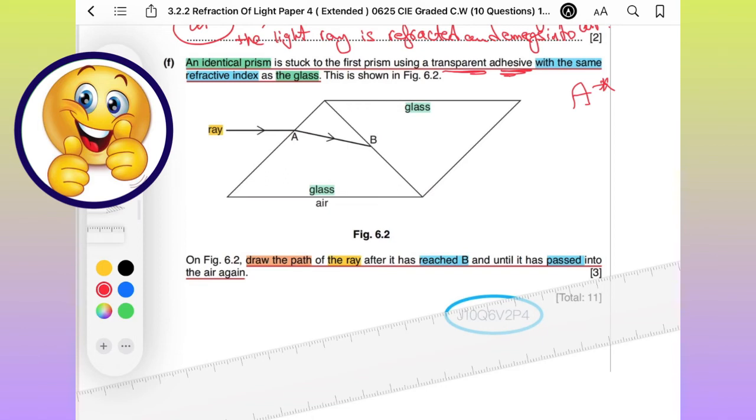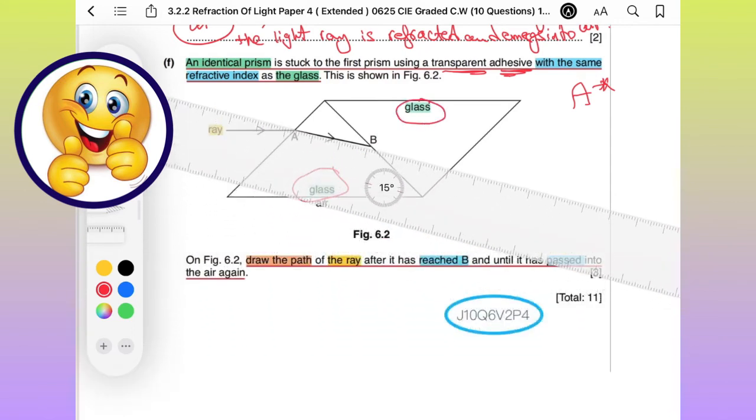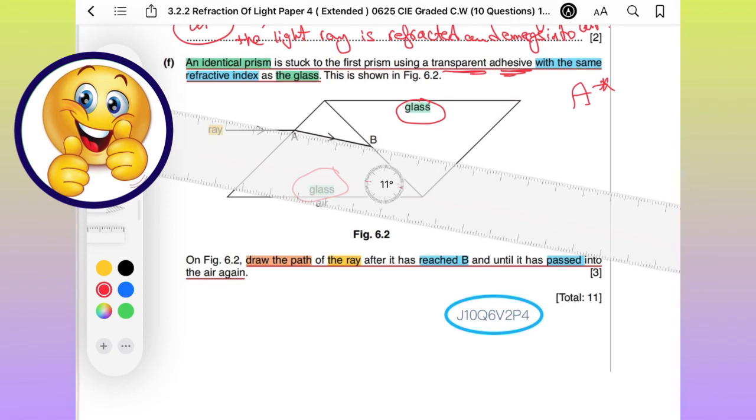So now we don't have different media, so you can't consider it refraction. You have glass here and glass here. So the light ray will continue in the same direction without any bending, without any refraction.